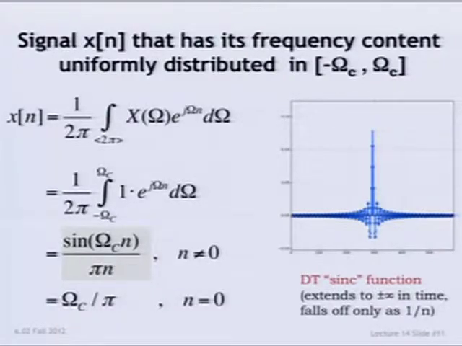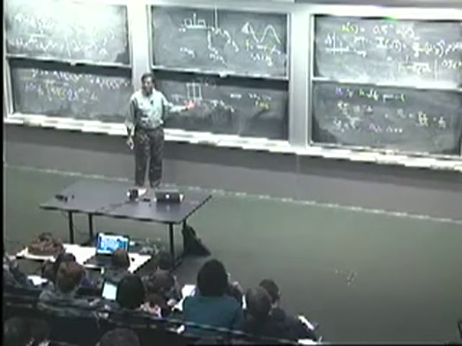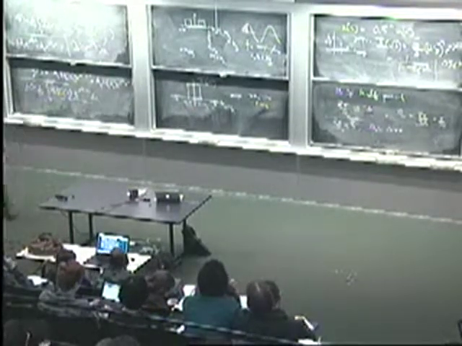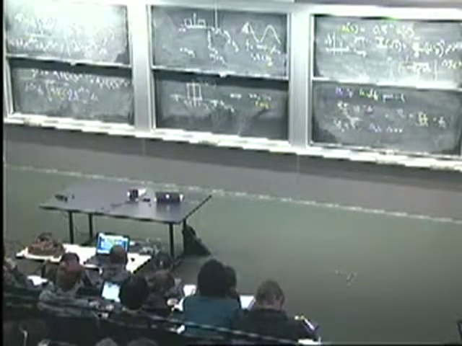So the DTFT does what your eye may not do very well. If I had just given you this signal and asked you to take a guess as to what the spectral content of that is, you're not very likely to have ended up deducing that the spectral content is flat in some range and zero outside of that. Okay, so the DTFT is valuable in actually doing this analysis for you.